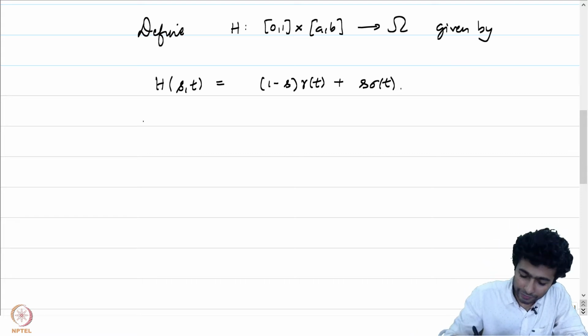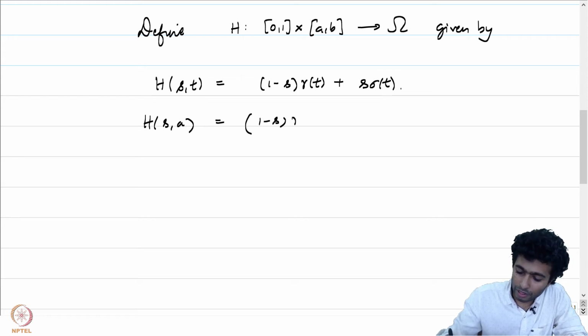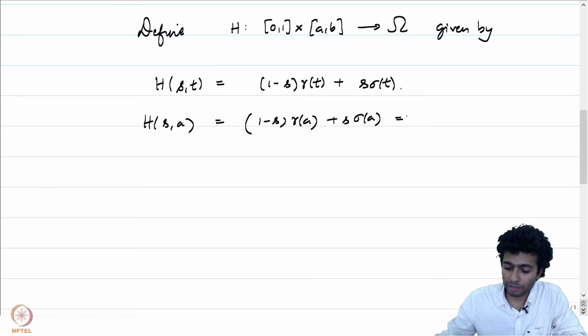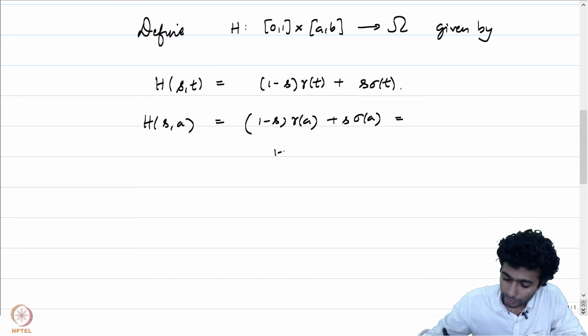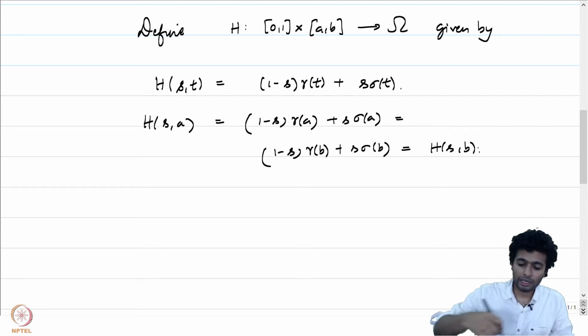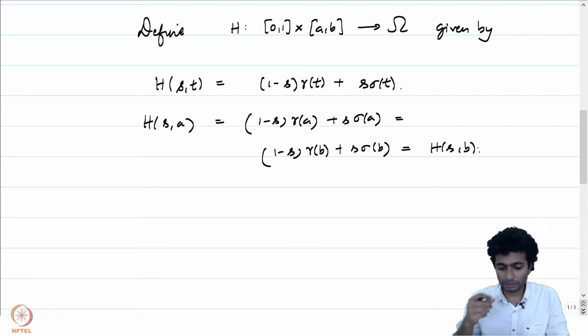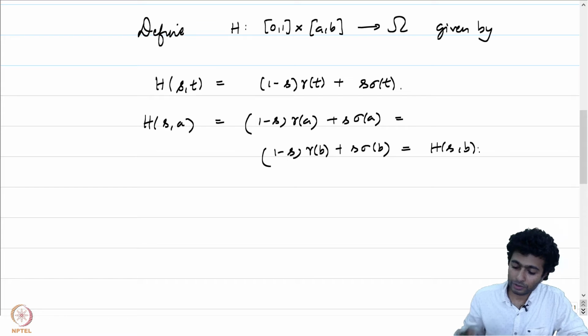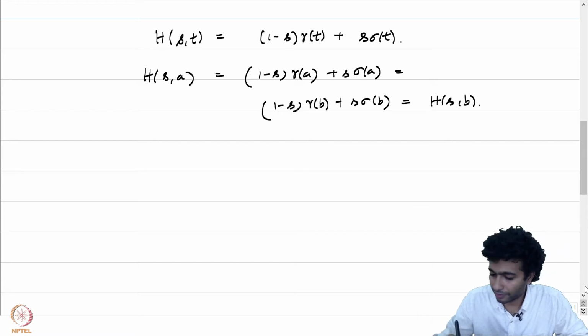Maybe I'll just check for you that H of s comma A is equal to (1 minus s) times gamma of A plus s times sigma of A. Then gamma of A is the same as gamma of B, and sigma of A is also the same as sigma of B. So this is equal to (1 minus s) times gamma of B plus s times sigma of B, which is precisely equal to H of s comma B. Therefore, at every stage s, H of s comma t, or gamma subscript s of t, is a closed curve at the point H of s comma A. So this is indeed a closed curve at every stage, and the fact that it is continuous is quite straightforward.